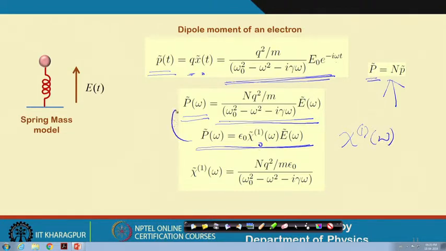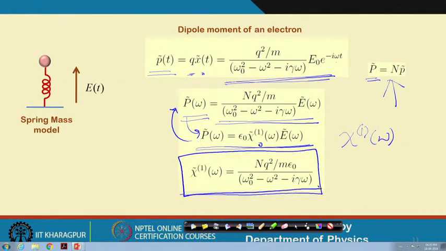If I compare these two things, I will finally have an expression for the susceptibility. This is a very simple model to find the susceptibility, and we find that the susceptibility is not a real quantity; rather, it is a complex quantity with an imaginary part. In the next class we will try to find out the consequence of the imaginary part, and omega0 is a resonance frequency.